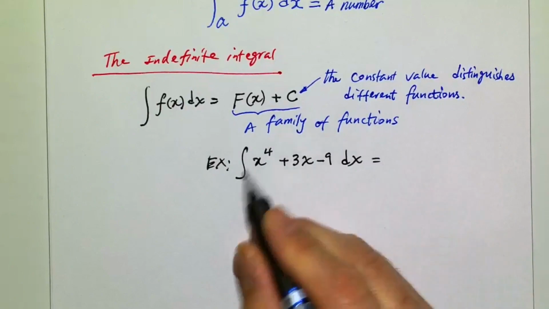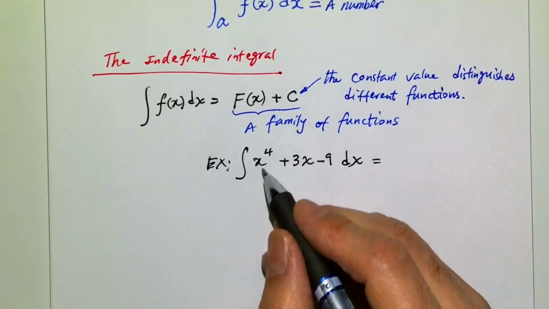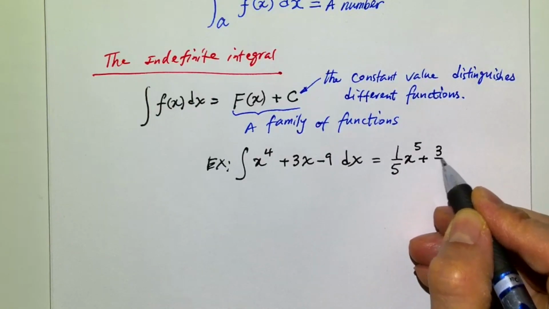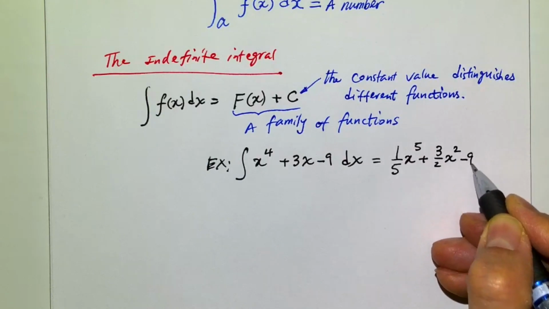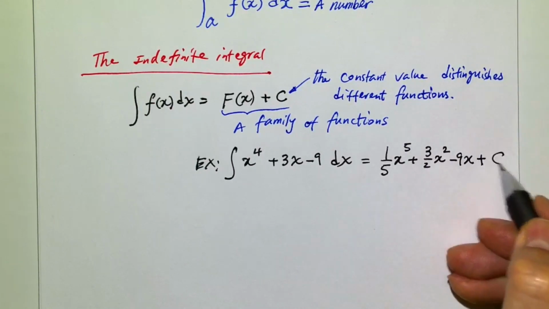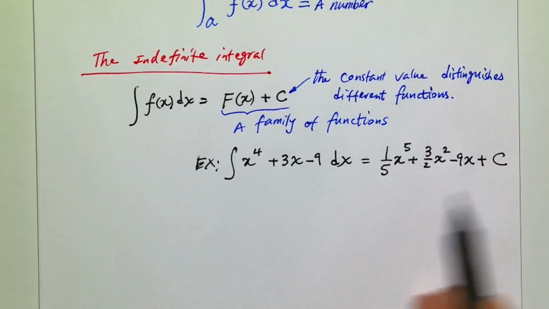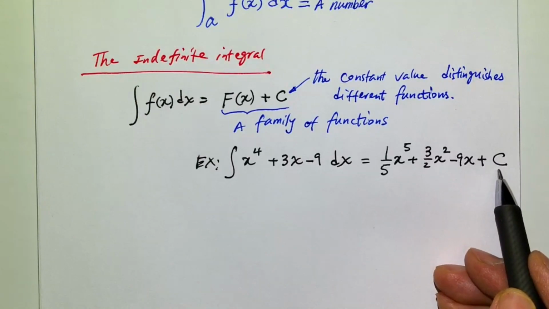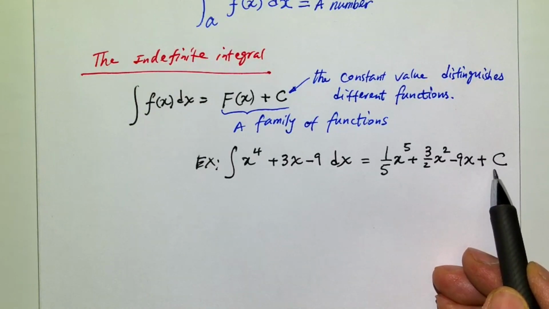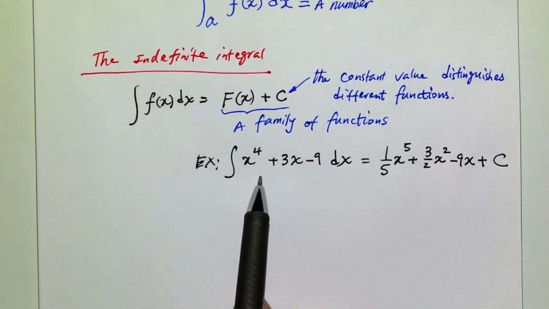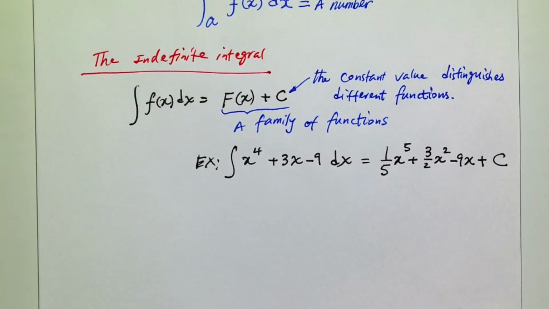So we can easily calculate the antiderivative of this, and we get 1/5 times x to the 5th power plus 3/2 of x squared minus 9x, and of course plus c. Now when you take the derivative of this to obtain that, there are infinitely many values for c you can pick, and those infinitely many values of c give the family of functions of this form that would have the same derivative. So that would be an example of an indefinite integral.